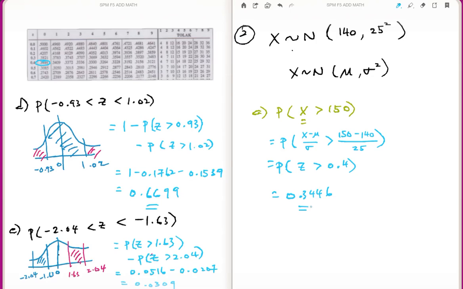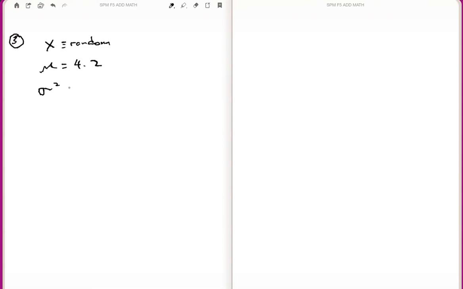Alright. Next, warm up question. Next, slightly deeper. At this point, I expect the reader should be able to read the logbook. So now they will tell you, x is a random variable with mean mu of 4.2 and a variance of 1.96.